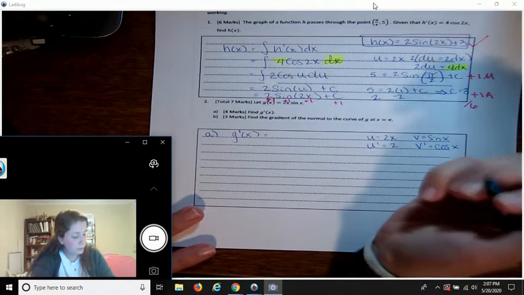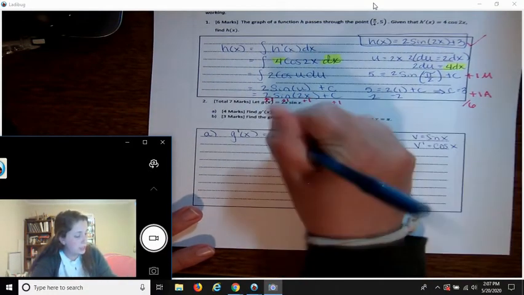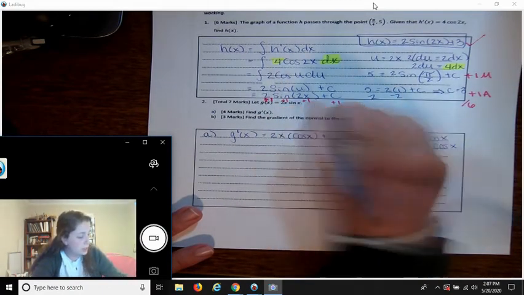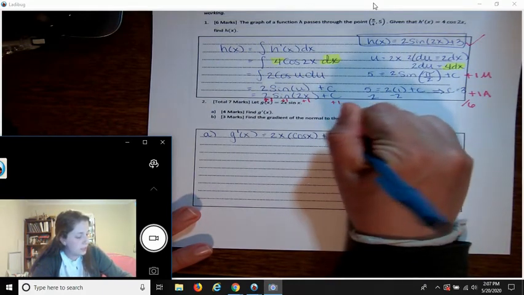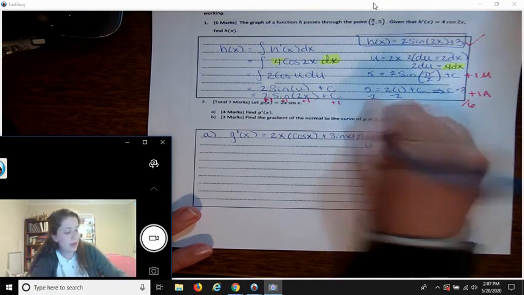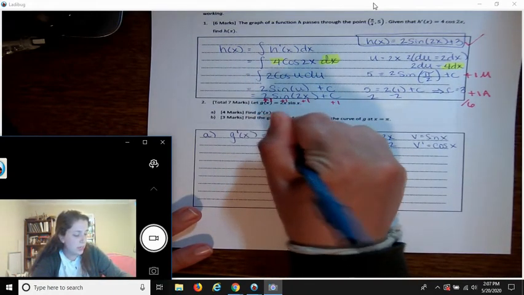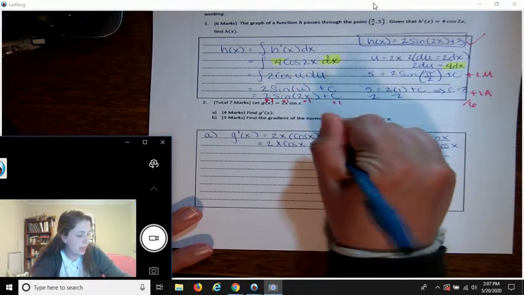So I like to do it as 2x times cosine x plus sine x times 2, and we can rewrite that so that it looks a little nicer. 2x cosine x plus 2 sine x.